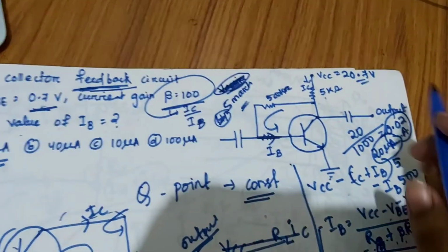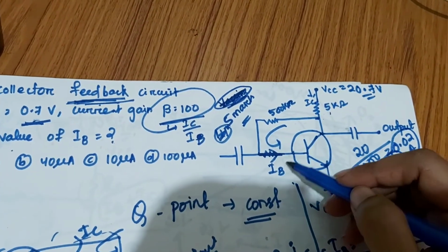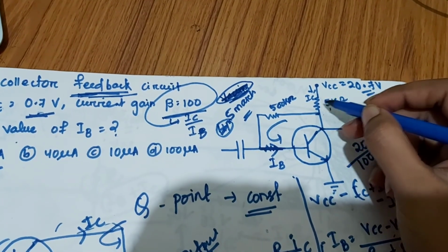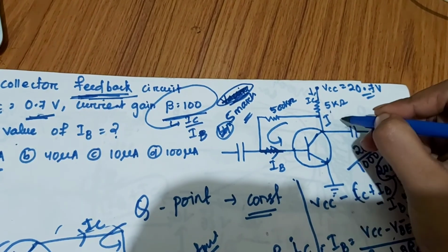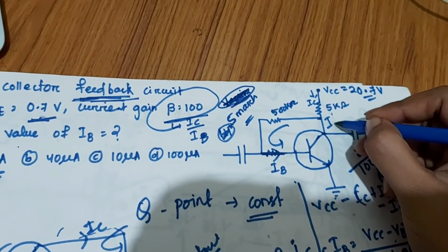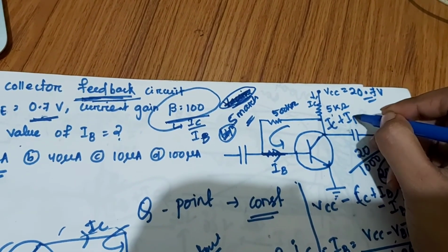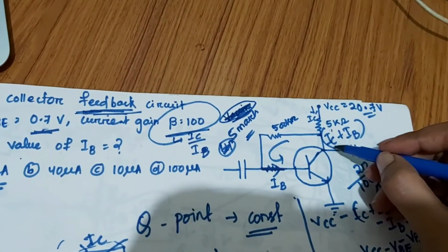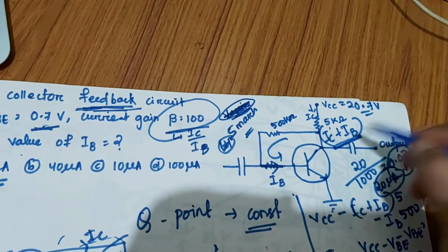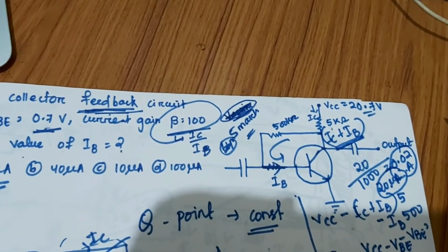I can directly use this. I just have to remember that as this is a feedback circuit, there is not only IC, I will have IB also in the picture, IC plus IB.